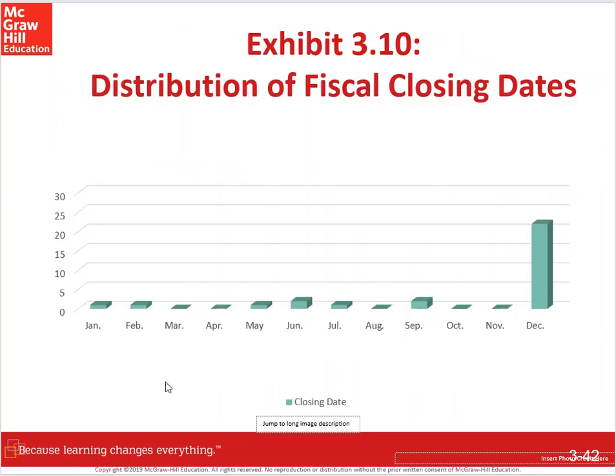So this exhibit 3.10 is showing us fiscal closing dates. They're referring to different fiscal year ends. Now, a lot of times we just assume that all companies end their year in December, a calendar year end, December 31st. But the reality is some companies, not all companies, depending on the type of company they are, have the option of choosing a different year end, what we call a fiscal closing date.